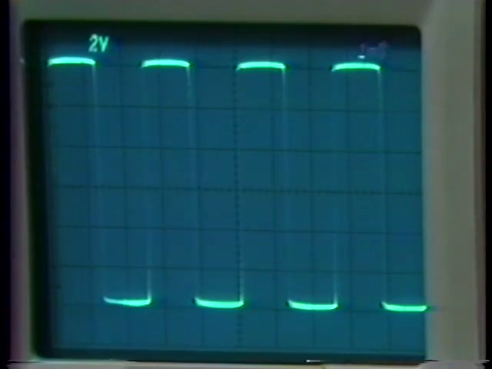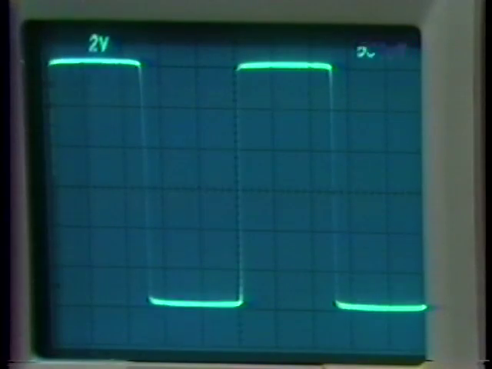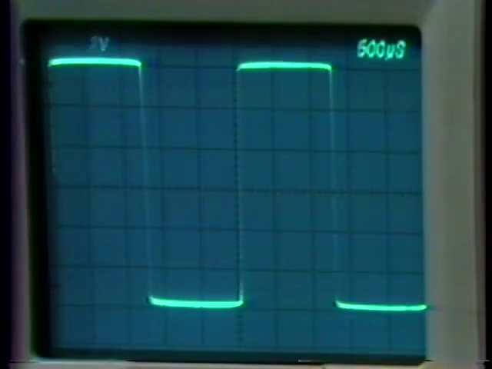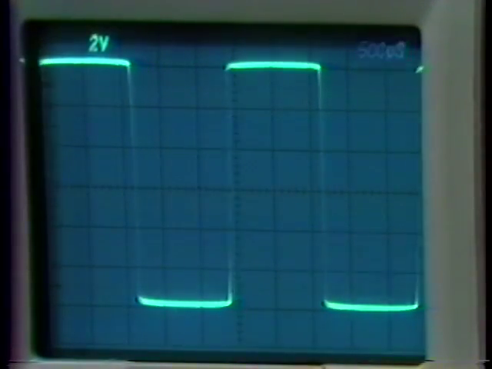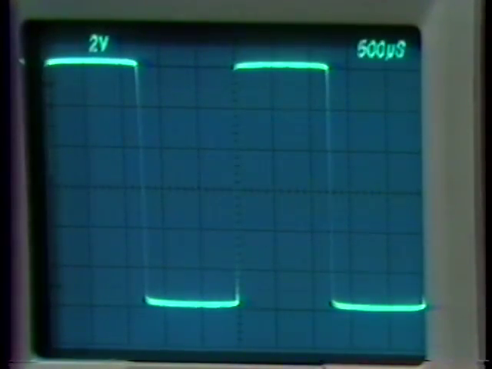We can check our describing function prediction. The prediction says that we should oscillate at the lower frequency at about 390 hertz. If we look at the picture, we're at 500 microseconds per division now.